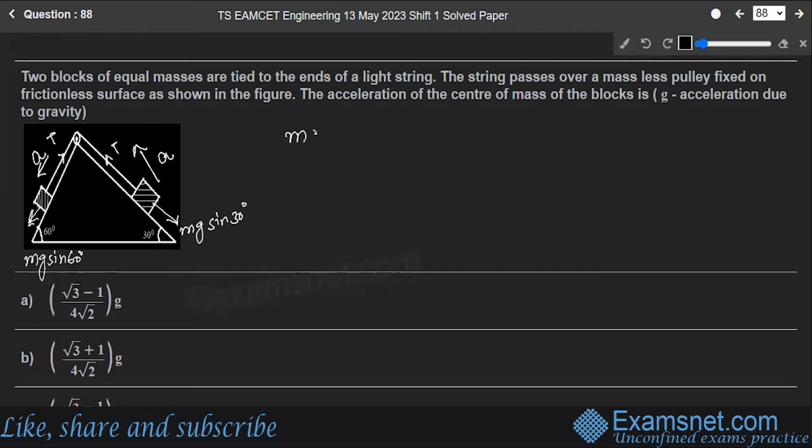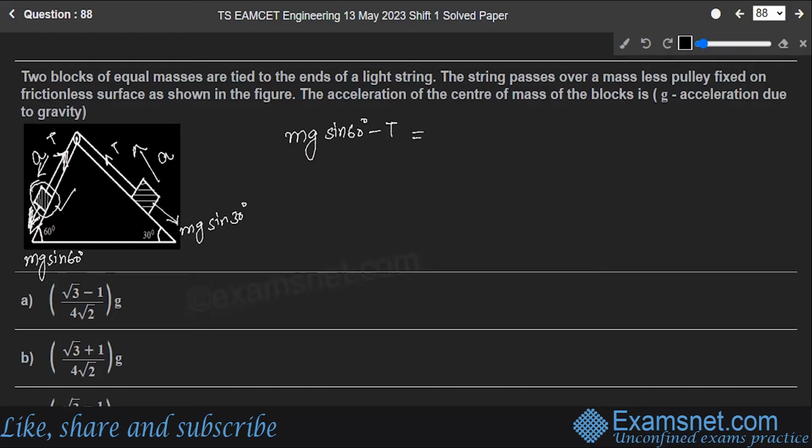Now, mg sine 60 degree minus T is equal to the net force with which this object is moving. Because this is the component of the force which is acting in the downward direction, and this T is acting in the upward direction.